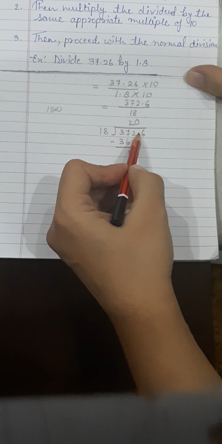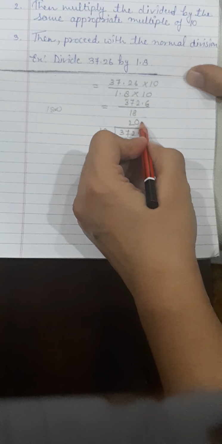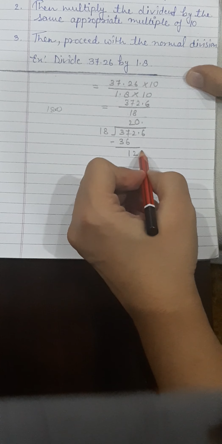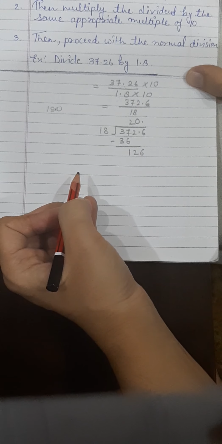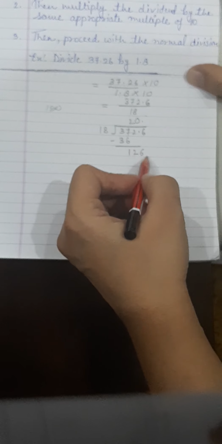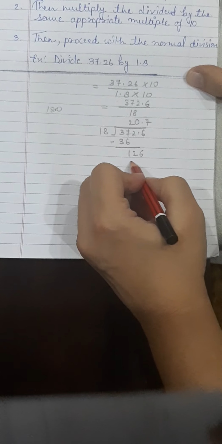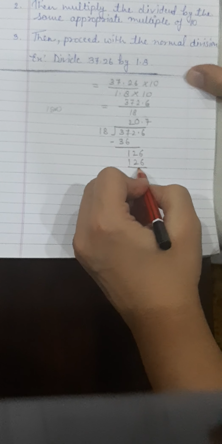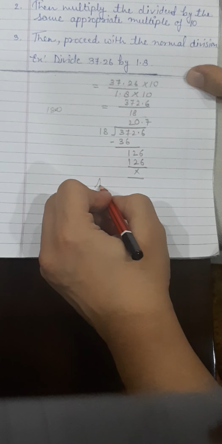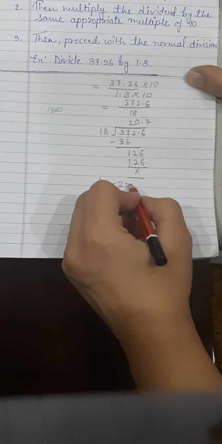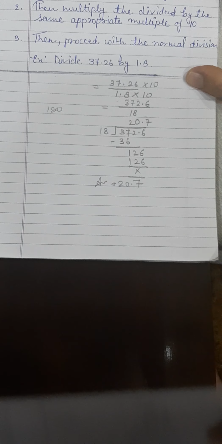Now after that you have to put the decimal in the quotient. And then you will write the next number, that is 126. It becomes 126. Clear? Now 18 sevens are 126. Cancel out. So your answer will be 20.7. Is it clear?